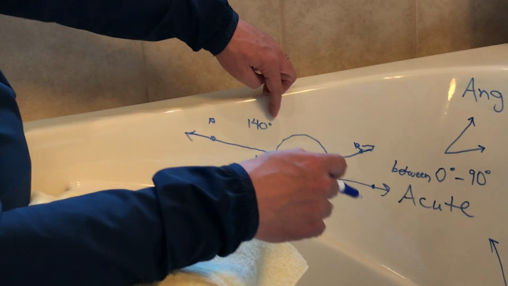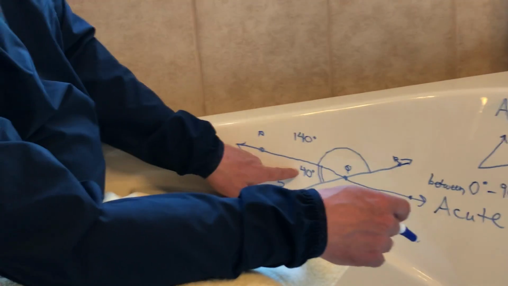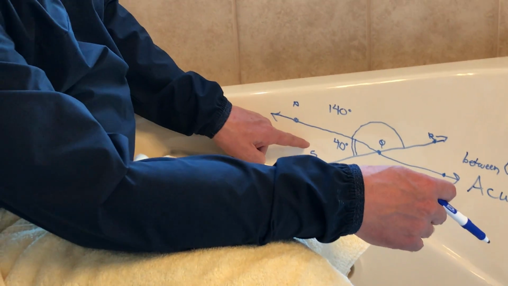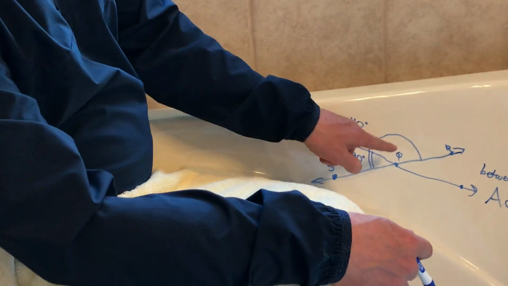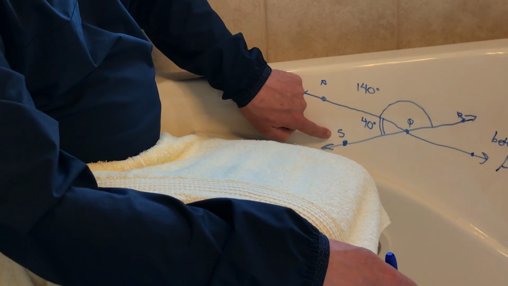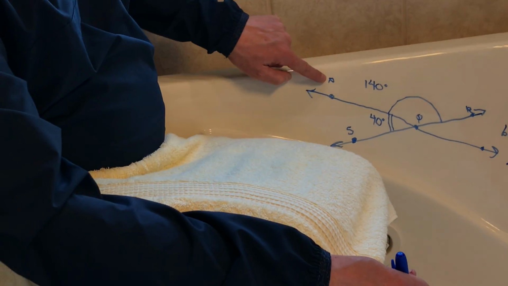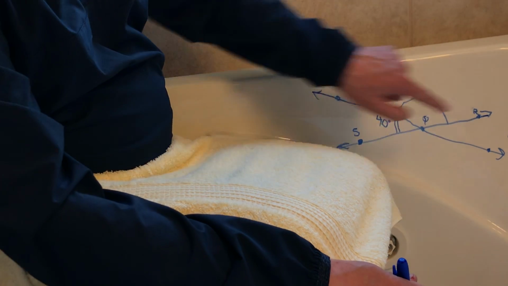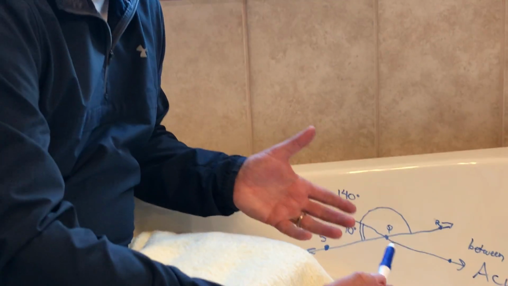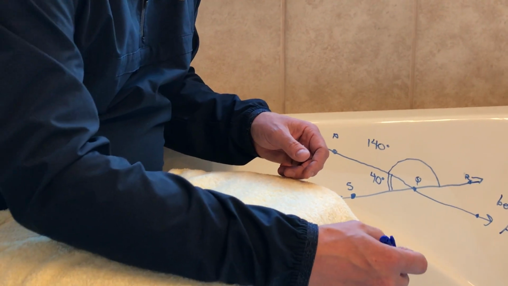And together, 140 degrees plus 40 degrees is 180. And that is a straight angle. So angle PQS and angle PQR are supplementary angles. Those two angles together equal 180 degrees.